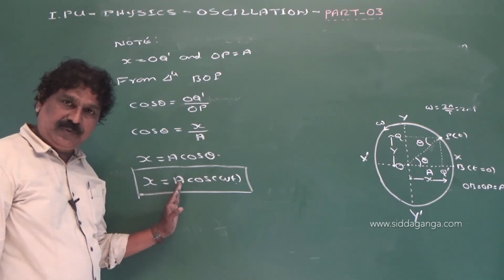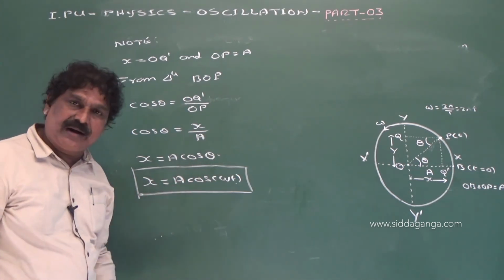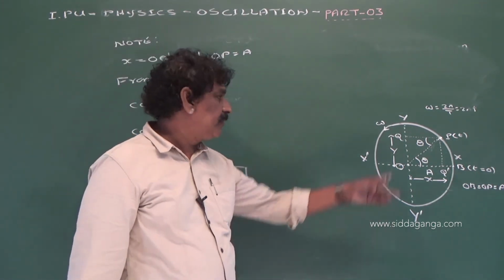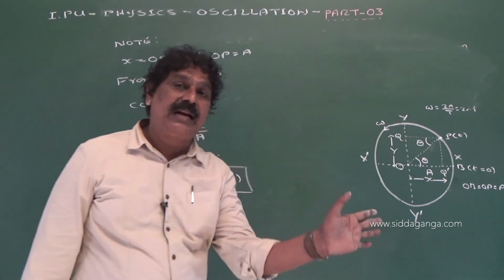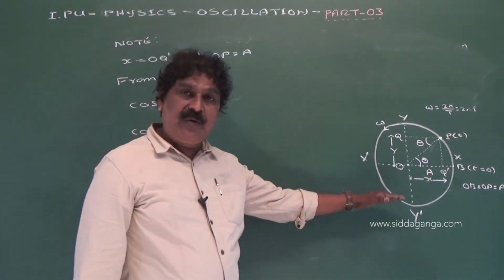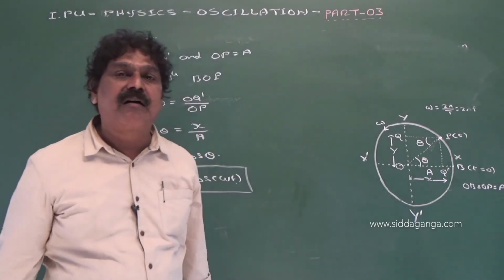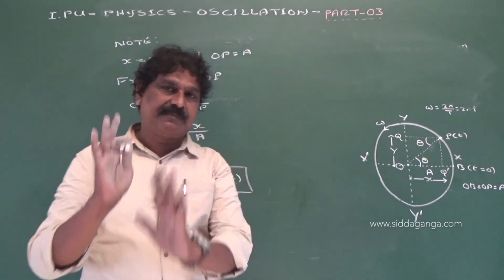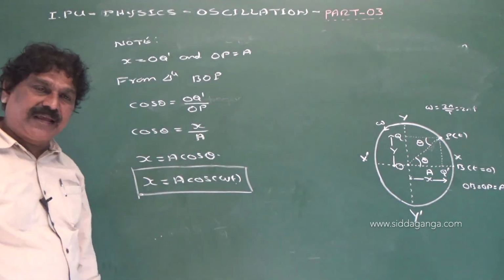X is equal to a cos omega t. Only the thing is, in the previous case the projection is taken along the vertical diameter, and now the projection is taken along the horizontal diameter. Both of them represent displacement at any instant of time t.